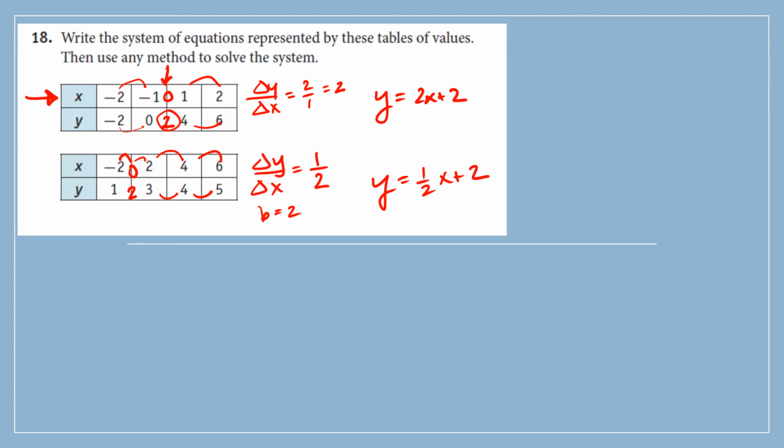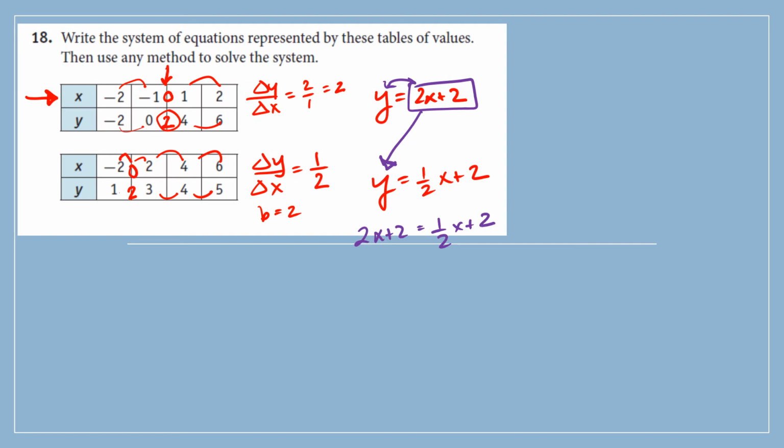Then we can solve them using any method we want. Now these wouldn't be too bad to graph if you feel like it. I'm just going to do substitution. So I'm going to put this in right there for y. Since this and y are equal, I can make a substitution for y. So that would give me 2x plus 2 equals 1/2 x plus 2.